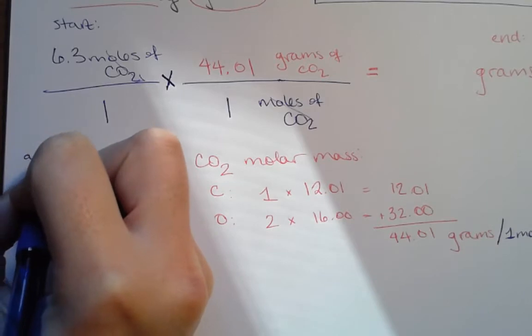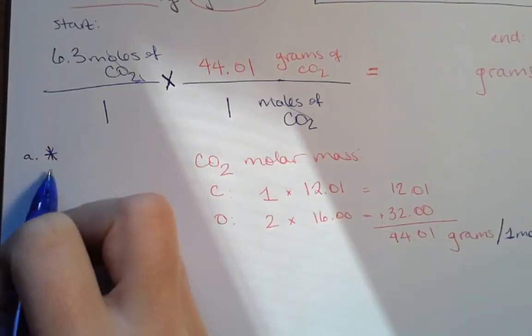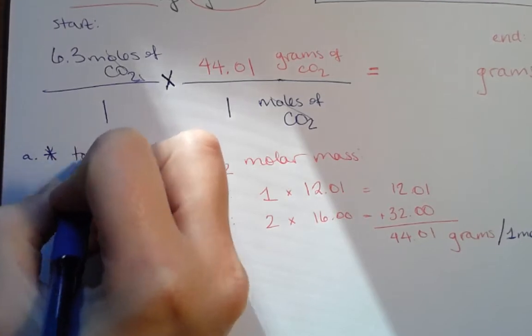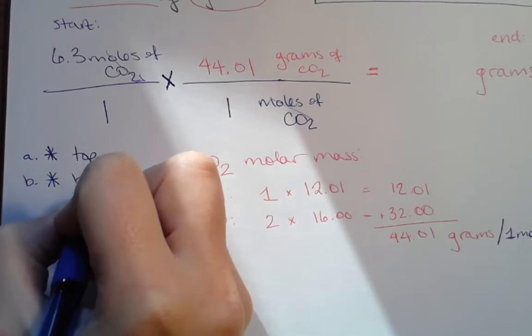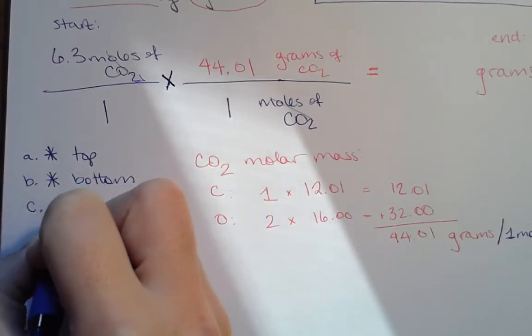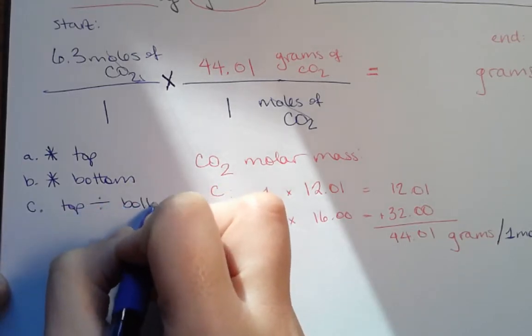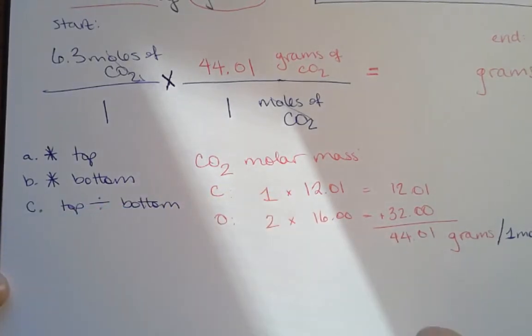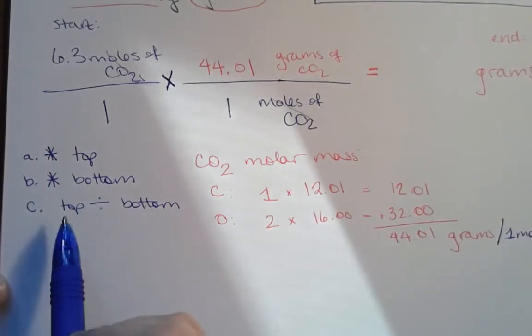Multiply the top. I'm just going to use the little sign to save some space. Multiply the top, and then multiply the bottom. And then take the top and divide it by the bottom. That is how to solve the math.